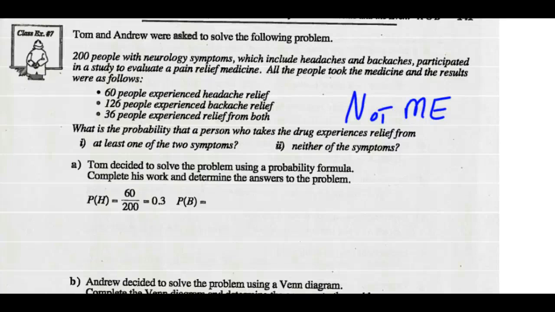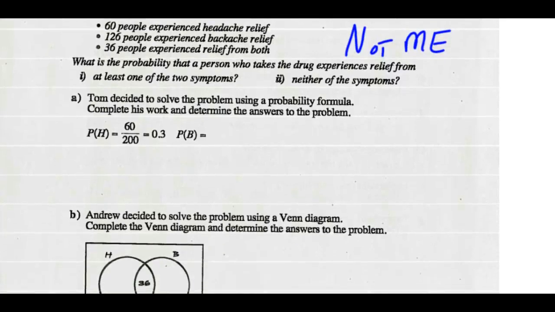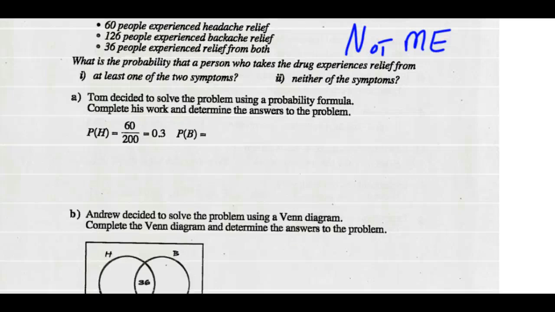Tom decided to solve the problem using probability formula. So we decided it's not mutually exclusive. We're going to use the correct formula for that then. Let's complete his work. The probability for headache relief was 60 out of 200 or 0.3.